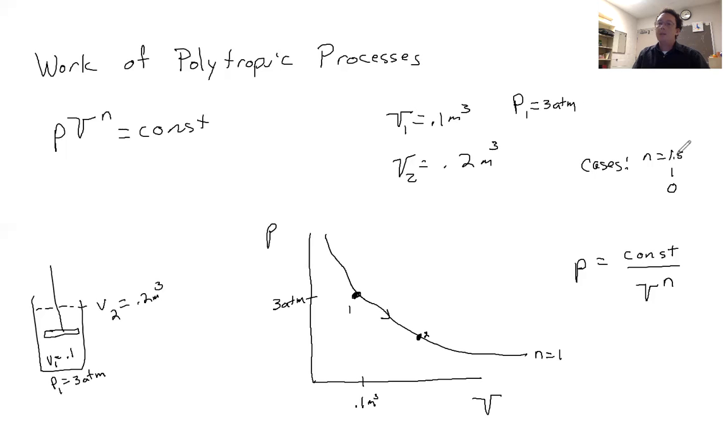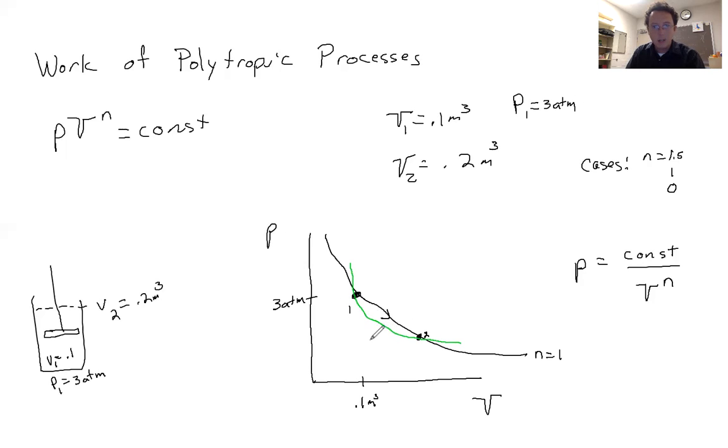That's the case when n equals 1. If n is equal to 1.5, let me change colors so it's easier to read. That would be more steep here and less steep there. So it would look something like that.